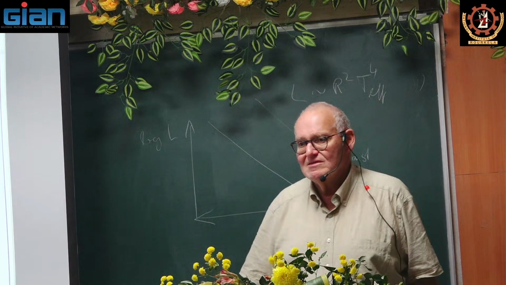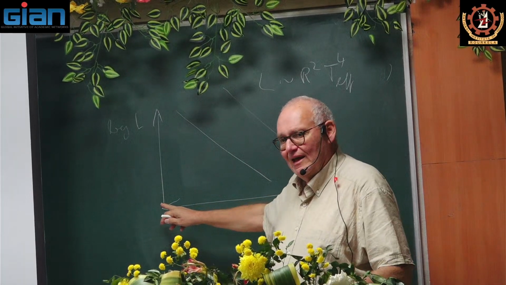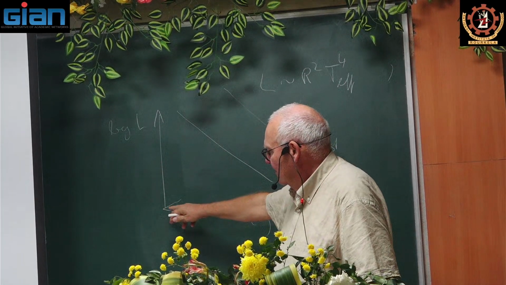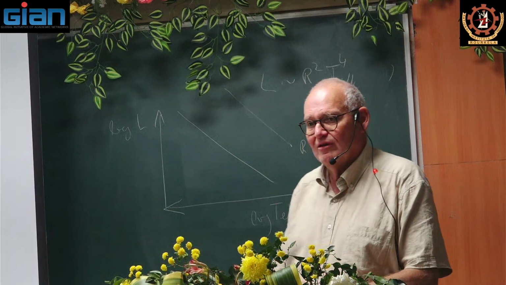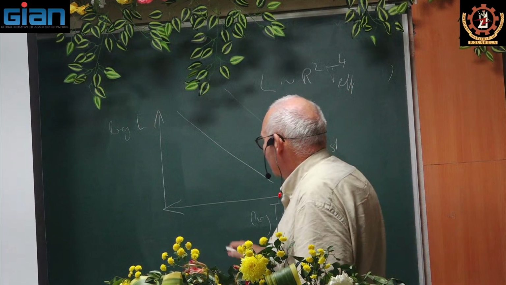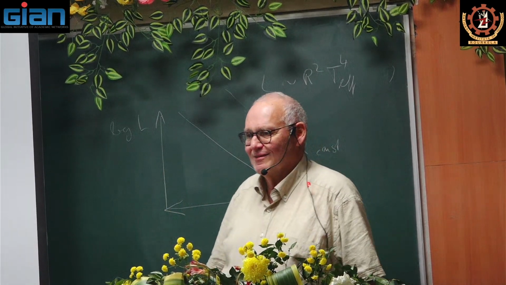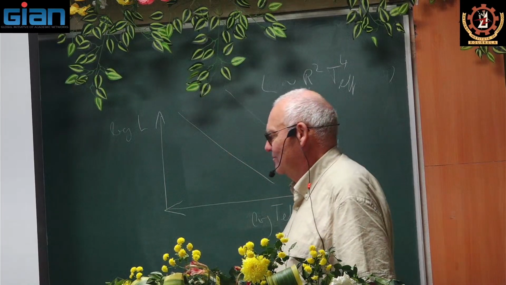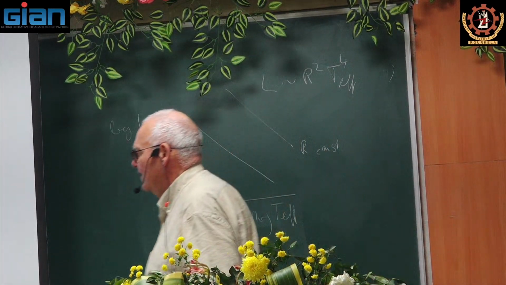The small radii are on the left bottom corner, and the big stars are on the right upper corner. So these are the dwarfs, small stars, and there are the giants on the other side. So this is how these two parameters are displayed.